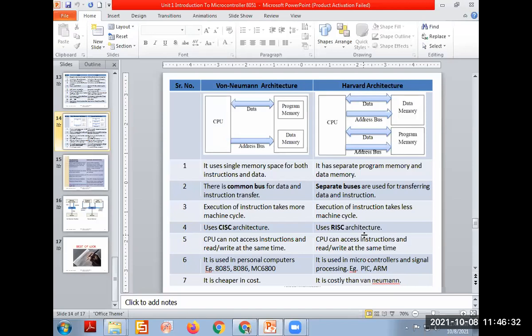Is the speed okay or is it faster? Teaching speed is okay, or is it faster? Yes, sir, faster.